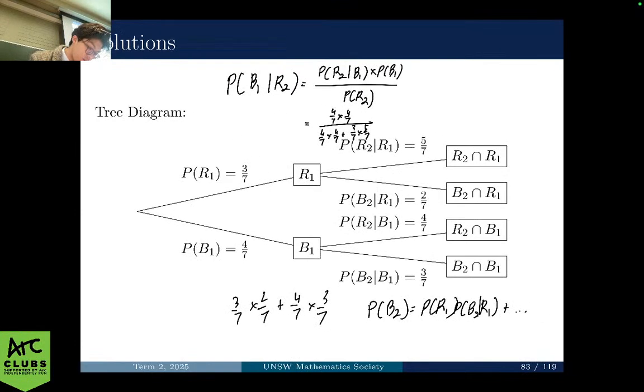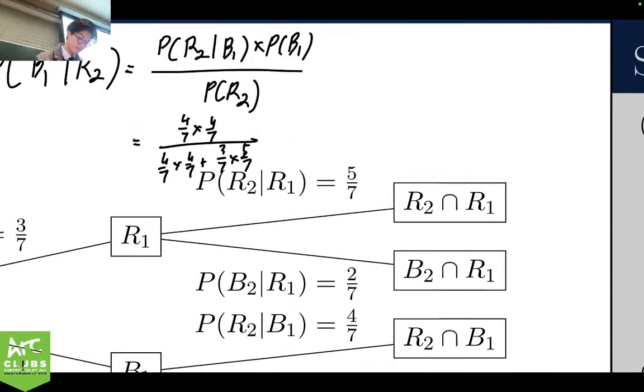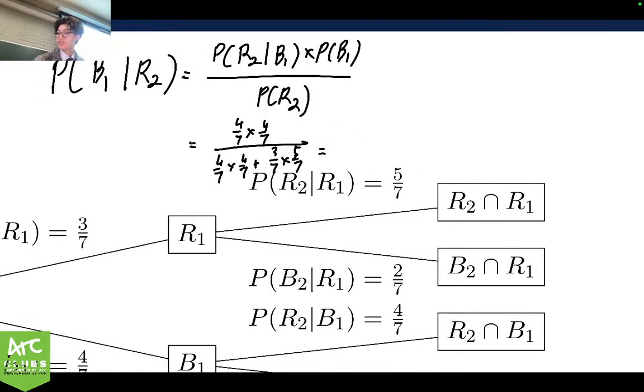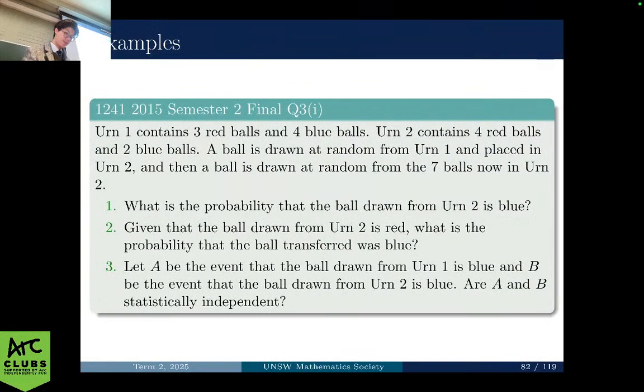So it's just multiplying all the probabilities I found in my tree diagram. And this will eventually just equal 16 over 31. So it's just one application of Bayes' rule here, given these two events.